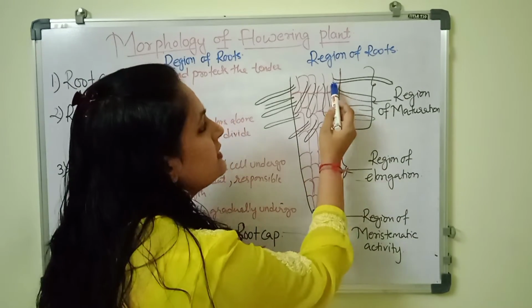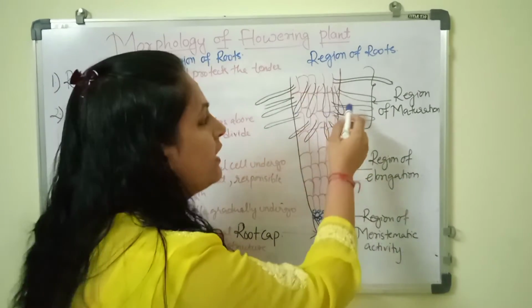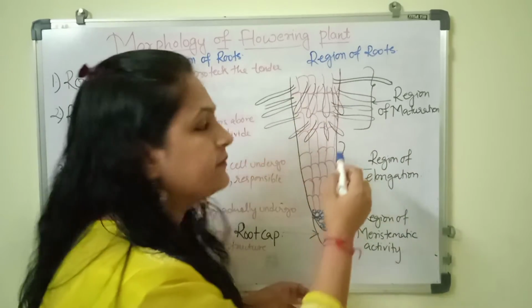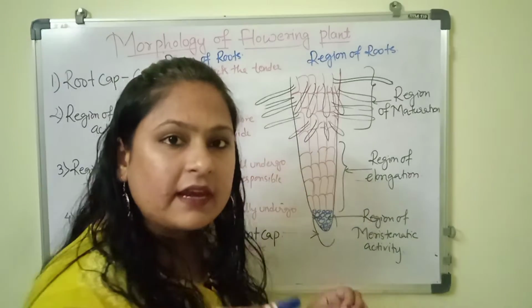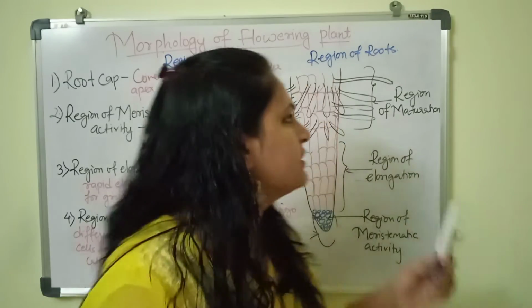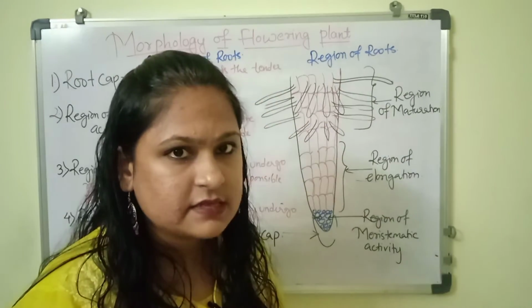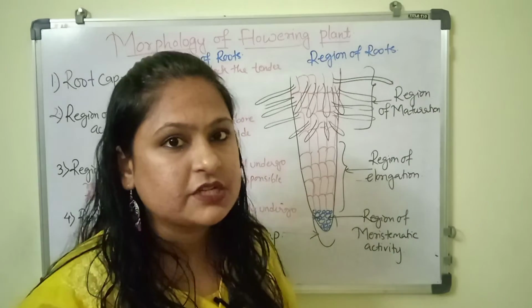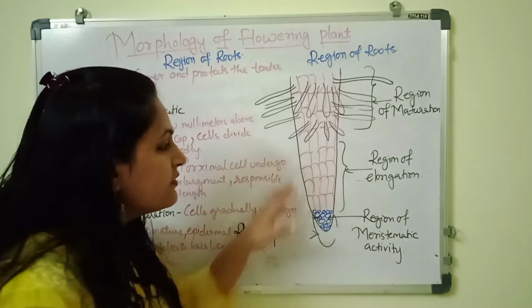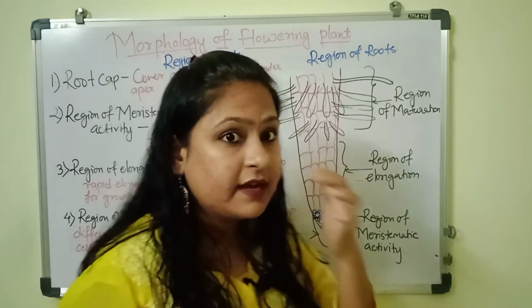In this maturation region, the epidermal cells develop fine, thin, thread-like hair structures, which are the root hairs. So, what is the function of the root hairs?